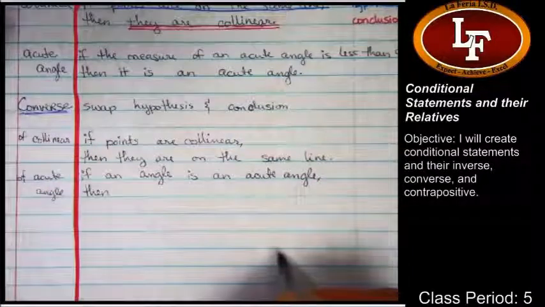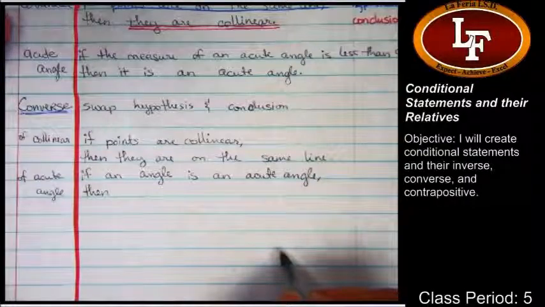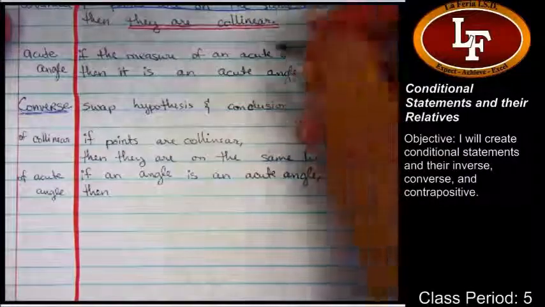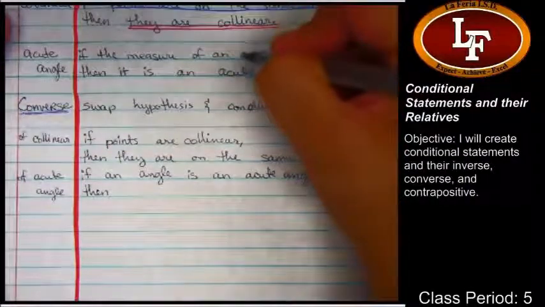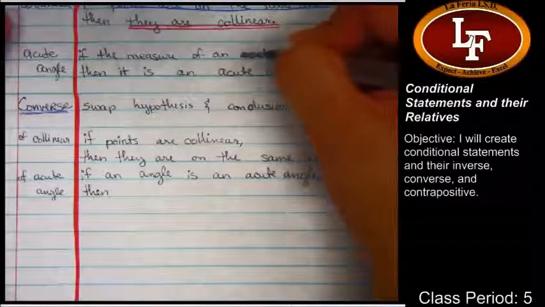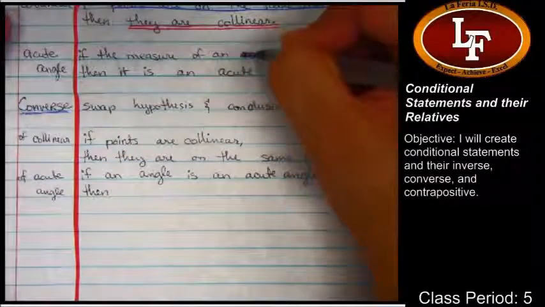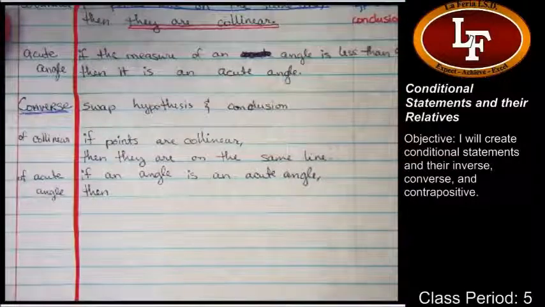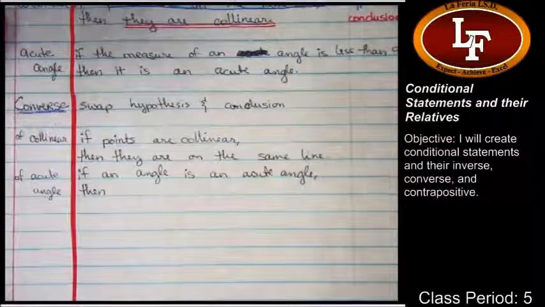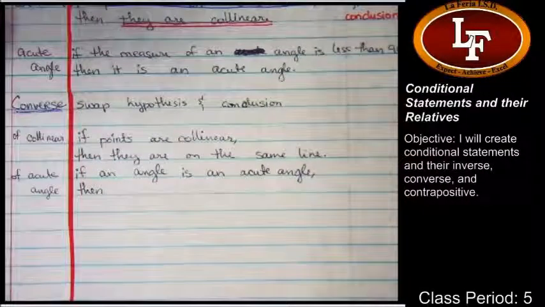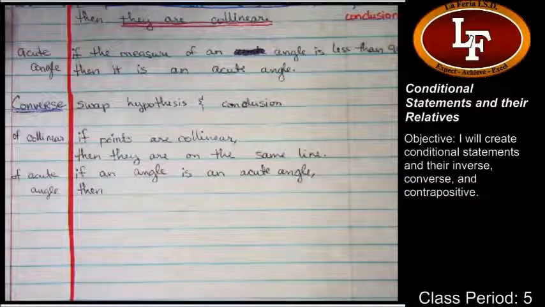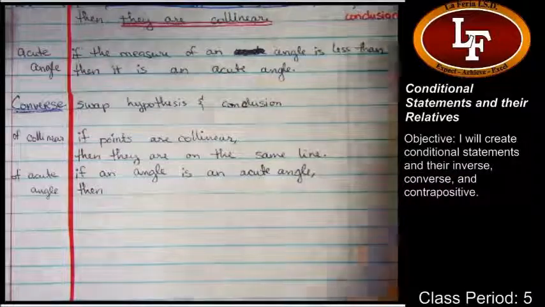then, whoops, I just realized that word there shouldn't be there. That one, up here in the original conditional. If the measure of acute angle is, yeah, that doesn't make sense. Sorry, my bad. So if an angle is an acute angle, then its measure is less than 90.